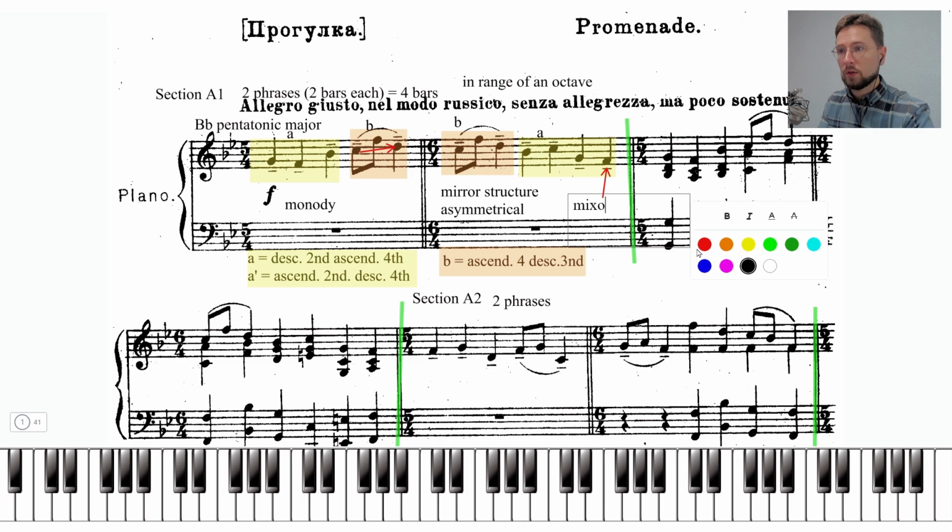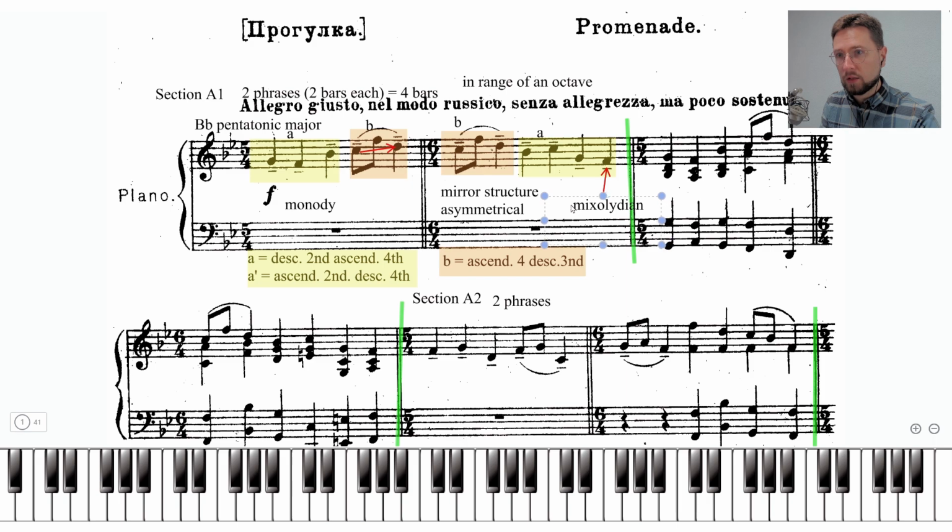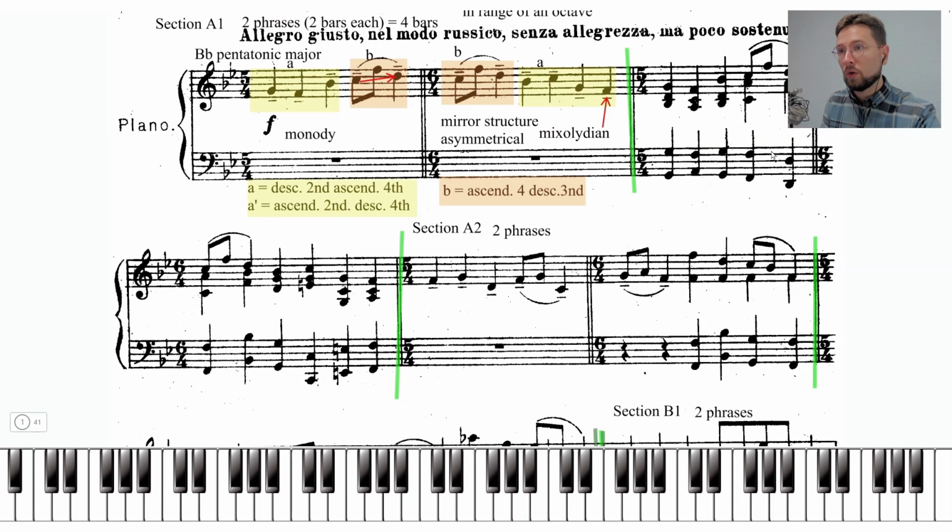So you have this mixolydian feel. And the mixolydian feel is really enhanced when we have a B flat. But in order to avoid it, this is all harmonized as F major. So that's the unusual thing.